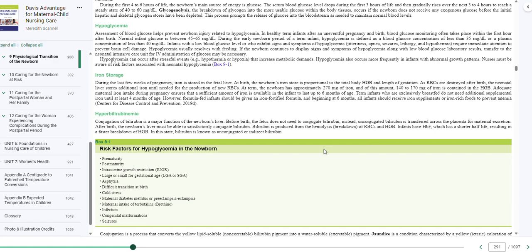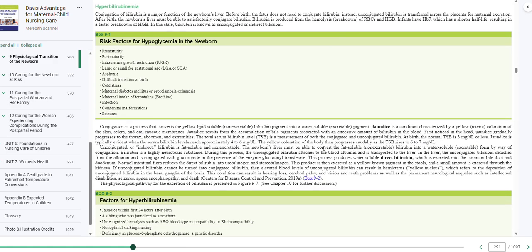Be familiar with box 9-1, just different risk factors that cause the hypoglycemia, and we covered that a second ago, but these are the reasons, okay? Let's continue on to hyperbilirubinemia. So the term jaundice is the yellow icteric coloration of the skin, the sclera, or the mucous membrane.